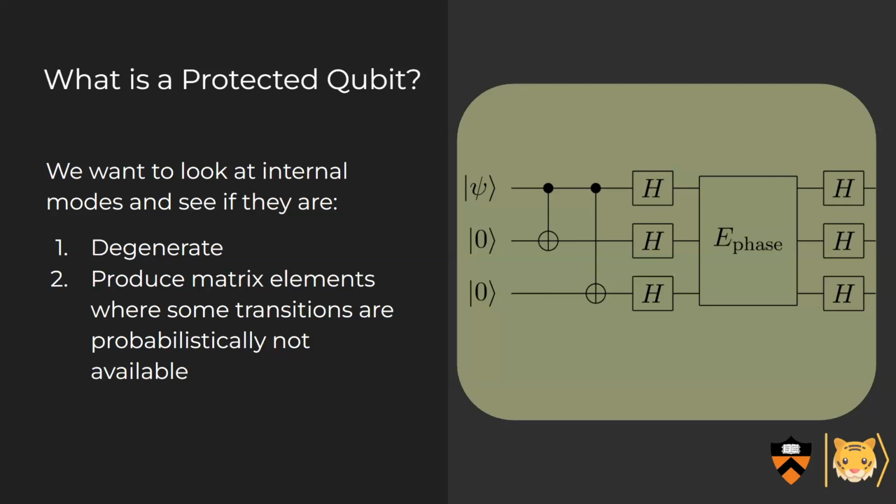Quick terminology: if it's degenerate, it means we have multiple states having the same energy. So either it's that, or it produces matrix elements where some transitions are just not available. And by transitions I mean, for example, between the ground state and first energy level, and in some other cases, between higher energy levels.